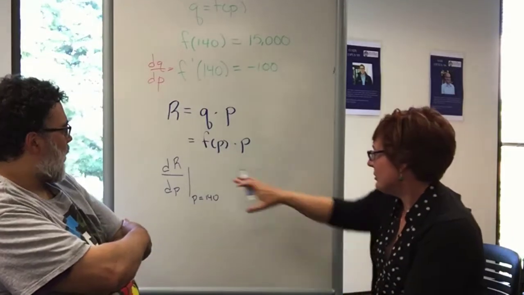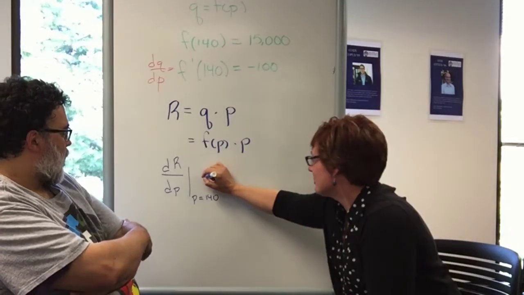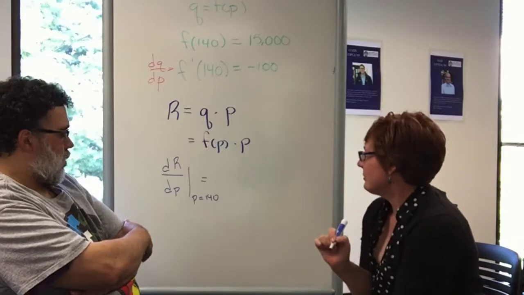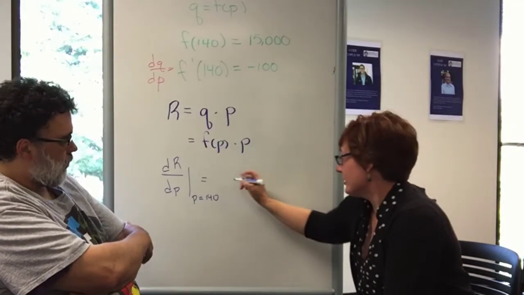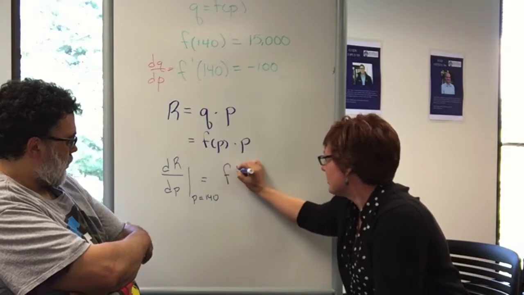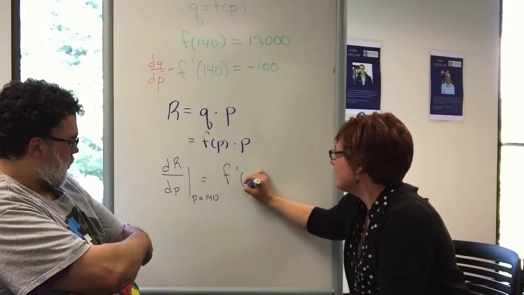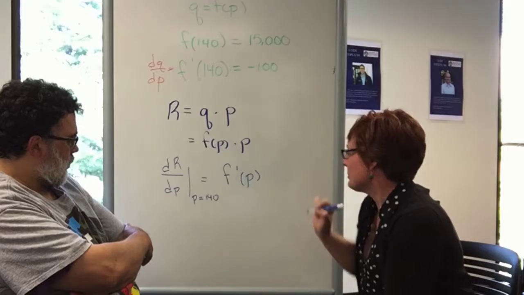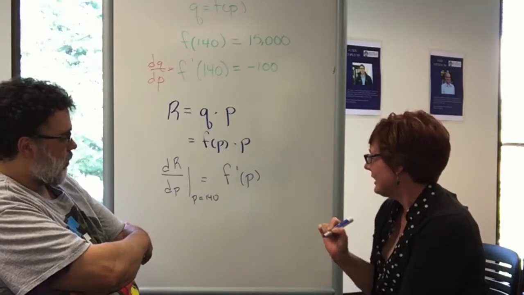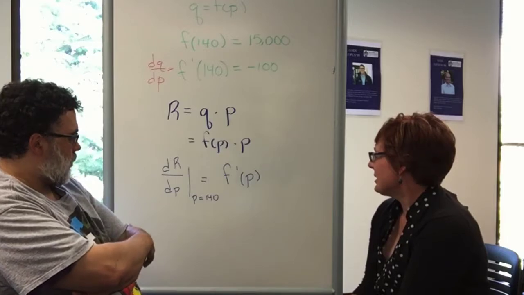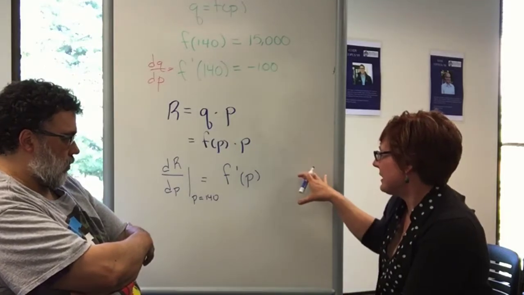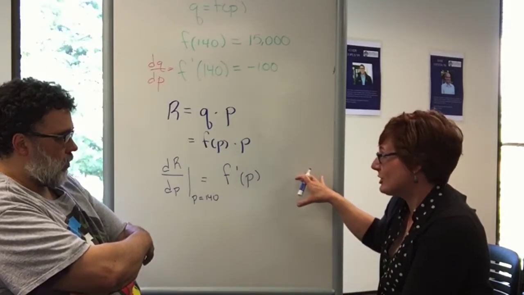All right, so I'm going to do the product rule. In the product rule, I'm going to take the derivative of my first factor. So I'm just going to write f prime of p, and I'll plug in or substitute in the 140 later. Because I think sometimes if I do it right at the same time, it's just a matter of steps.